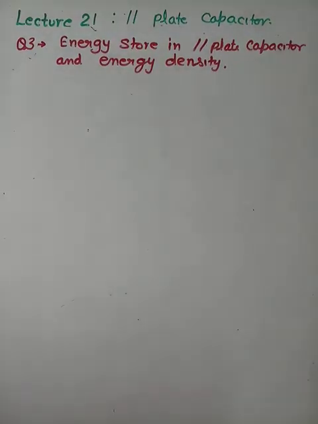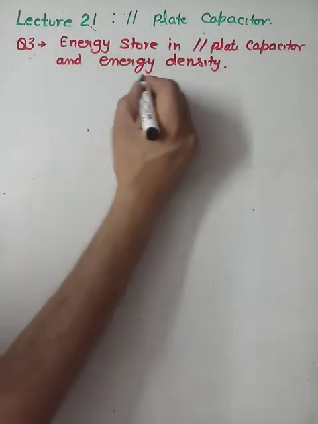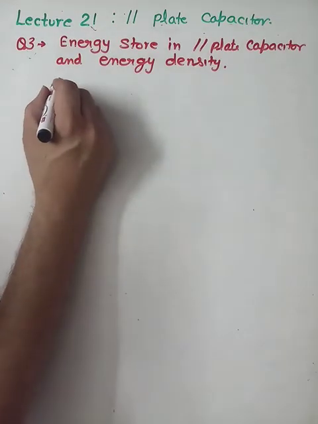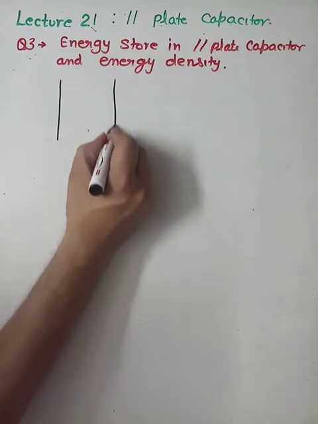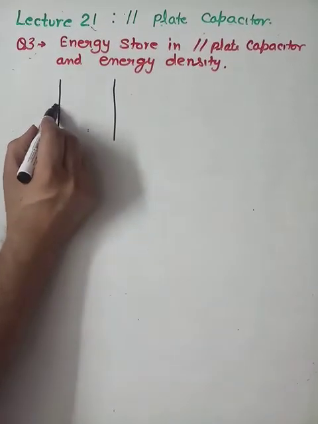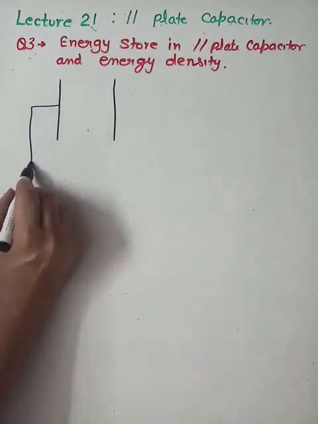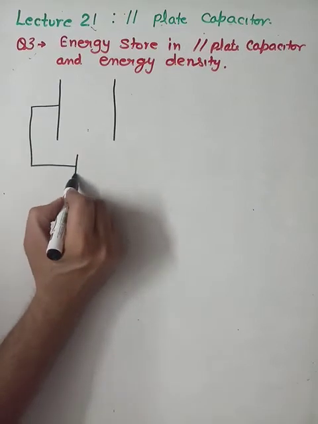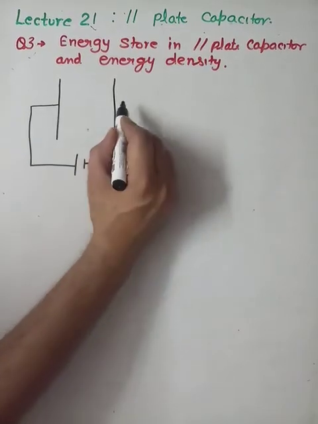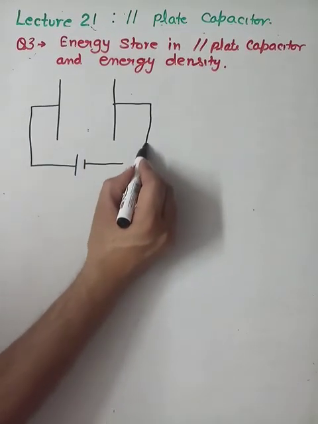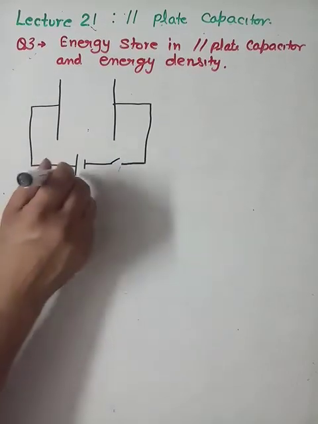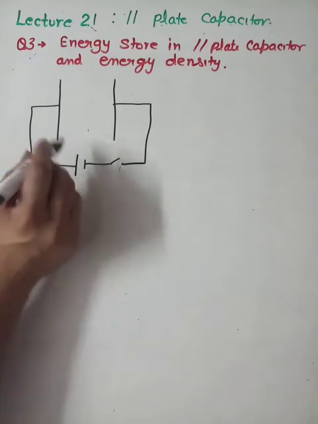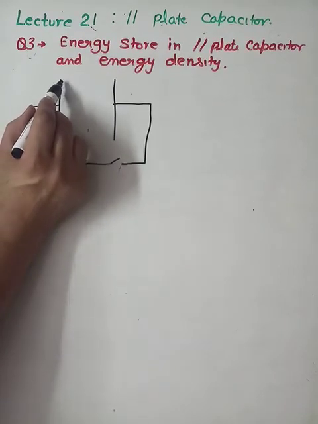Now if we consider a parallel plate capacitor, suppose we have two plates like this one. Now we connect these two plates with a battery to get it charged. When we connect it with a battery, what will happen? This positive terminal will start attracting negative charge from this plate.